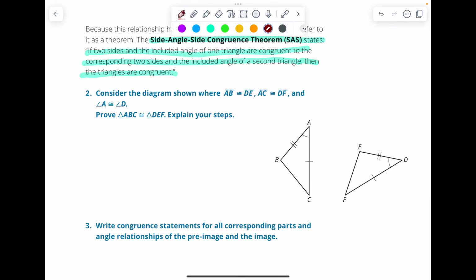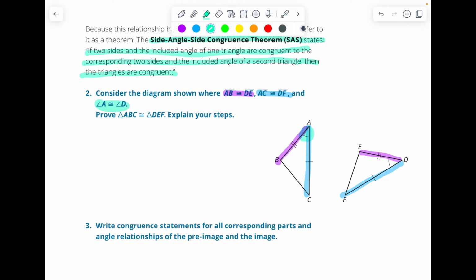So let me try to break this down. Consider this diagram. It already tells us that AB and DE, and you can already see that they are marked, so we didn't really need to highlight it. AC and DF. And then we have angle A and angle D right here and right here. So included angle. Angle B is not included because as you can see, it's not between the purple and blue lines.